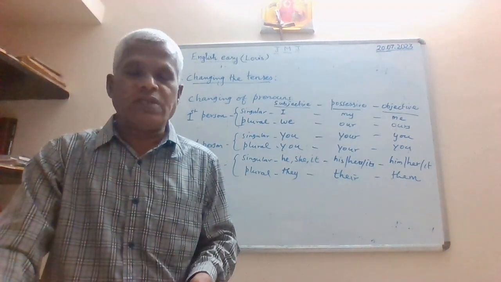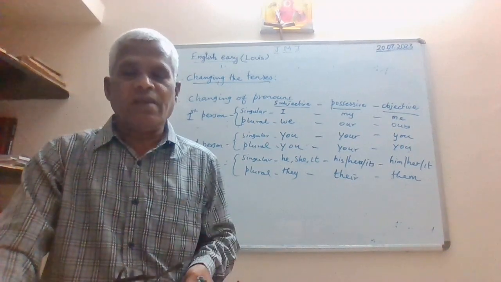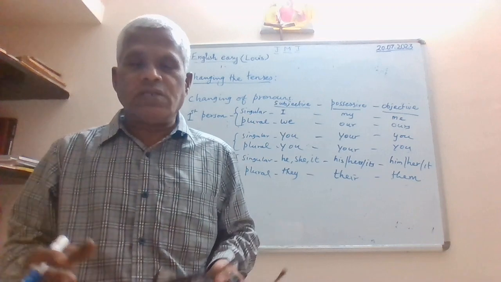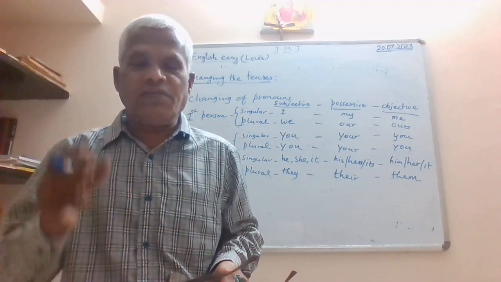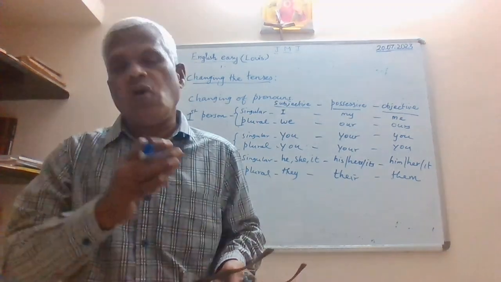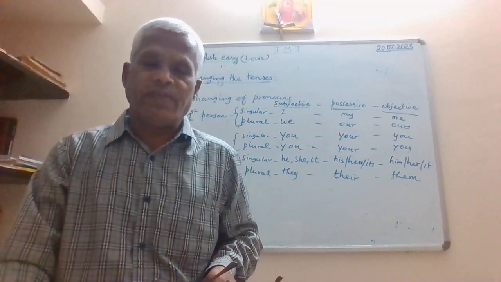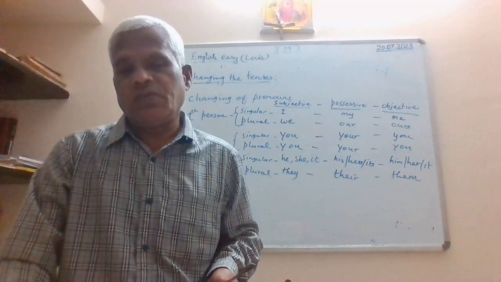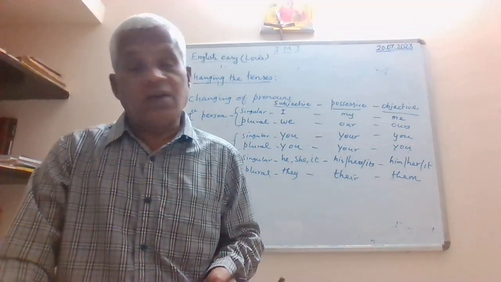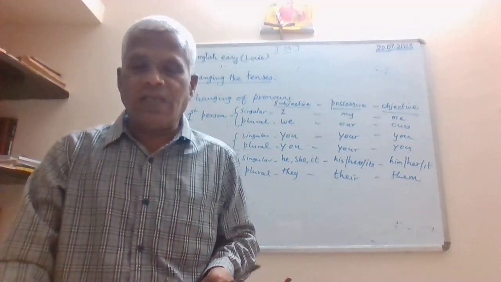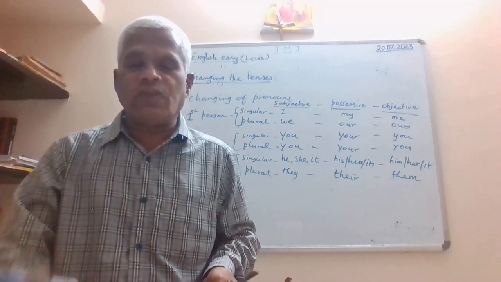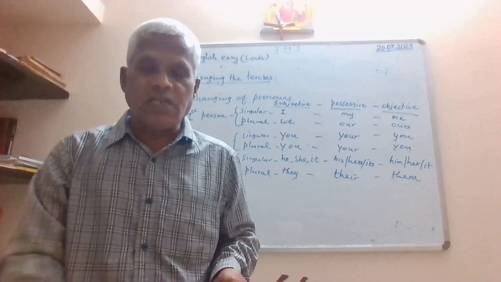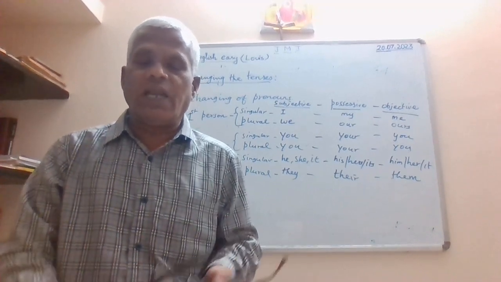Let me conclude this video with this information. We have discussed only the general rules of changing from direct to indirect for all the types of sentences. As a conclusion, these general rules must be followed strictly when you are changing from direct to indirect.